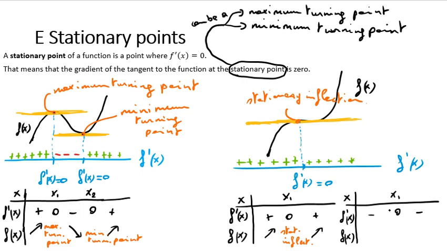So the derivative is before the stationary point negative and after the stationary point negative. So we decrease. It's decreasing here, it's decreasing here. So that means that here we also have a stationary inflection. So the third option here is stationary inflection.